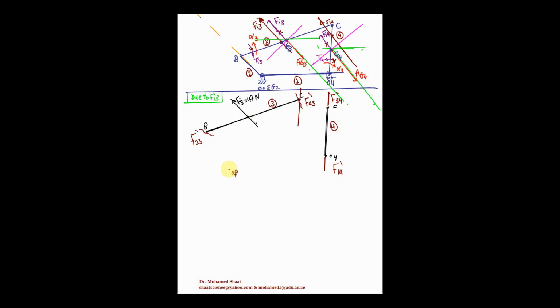Then over this line, starting from O_F, I'm going to measure the distance, which is already given to us, 47. I'm going to use a different color just to distinguish things here. So this is going to be the force polygon for this one.